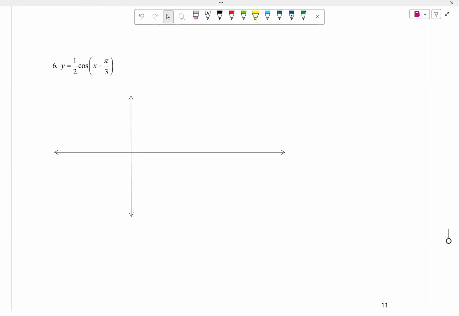What's the first thing I should mark on the x-axis? What do you think? 0? 5 pi over 3. Make sure your neighbor is doing okay with this one. Check with your neighbor first. Make sure everything's going okay.